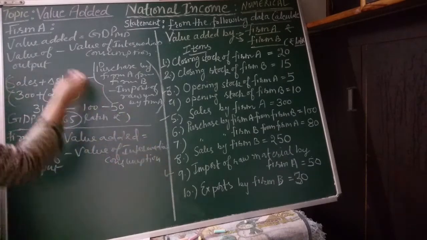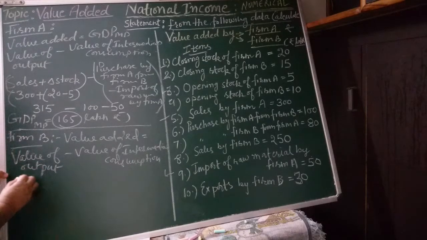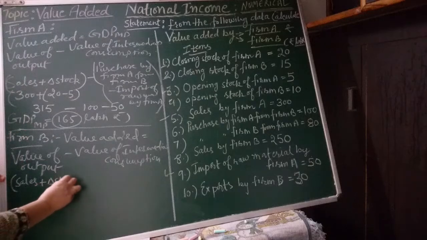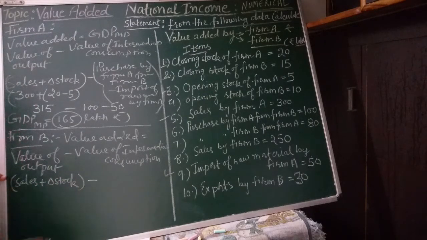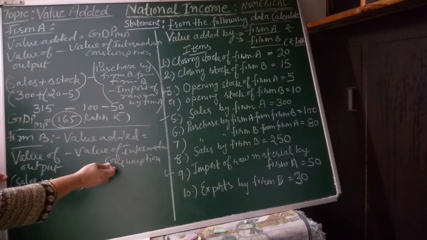Same calculation as we have done for firm A. Value of output, sales plus change in stock, minus value of intermediate consumption is not given.